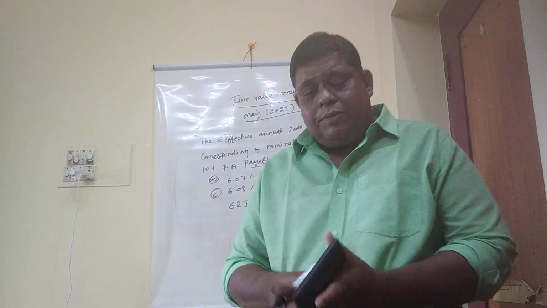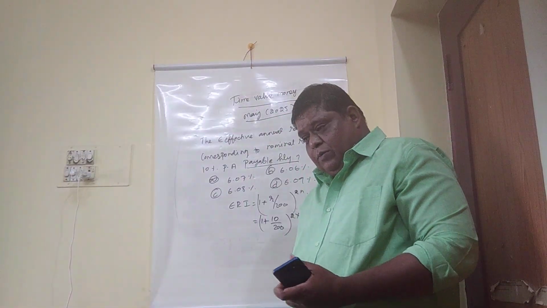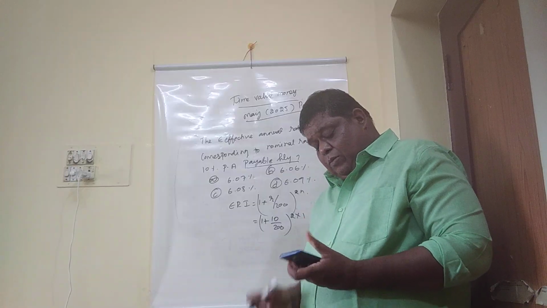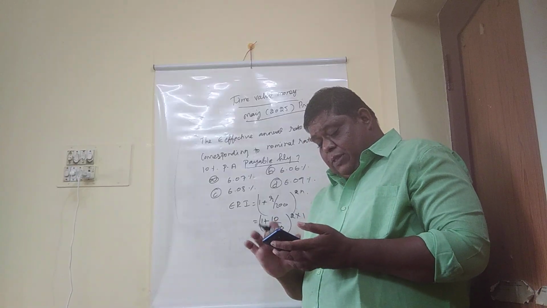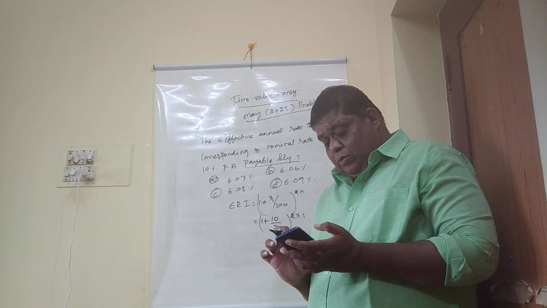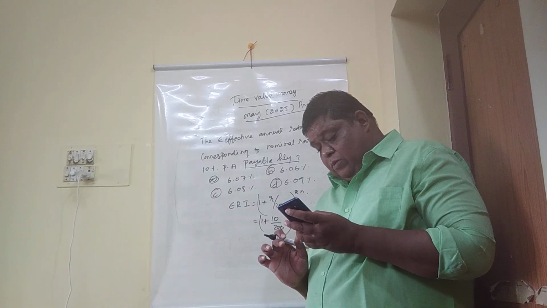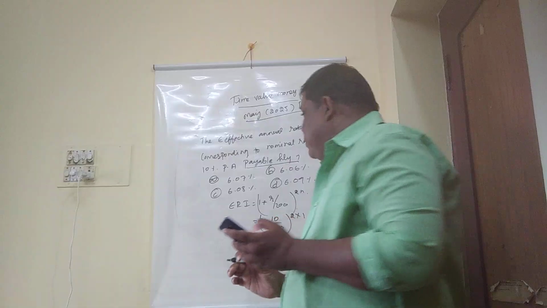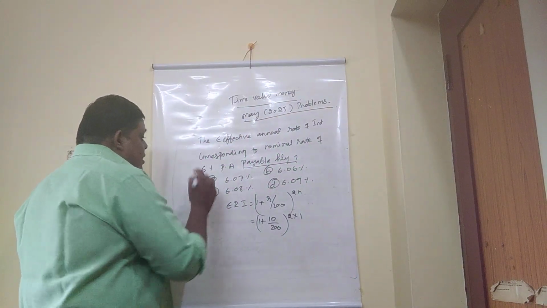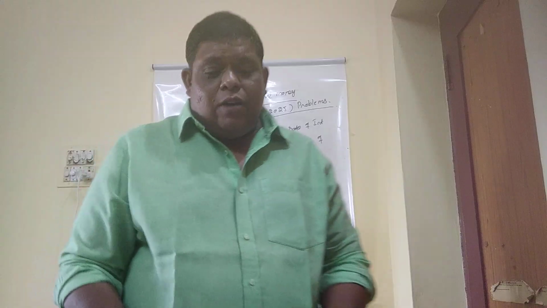Something is wrong. The given question says 6% per annum, not 10%. 6% per annum payable half yearly.